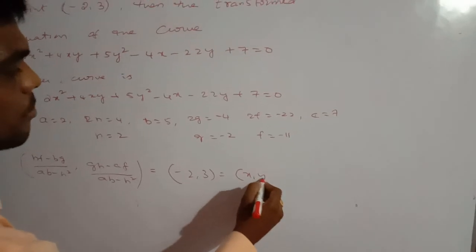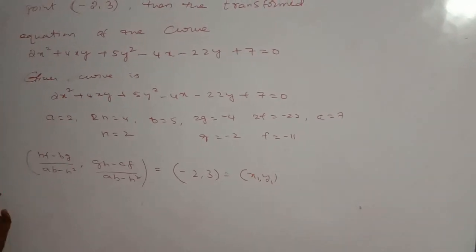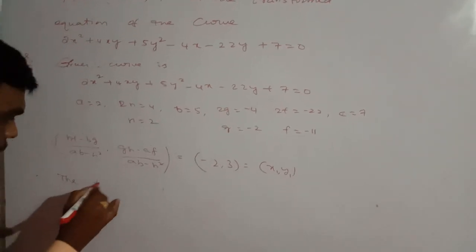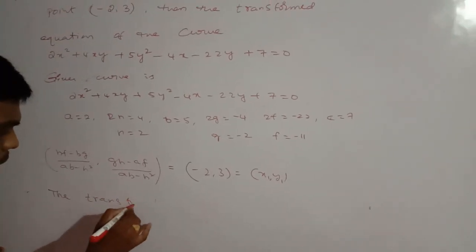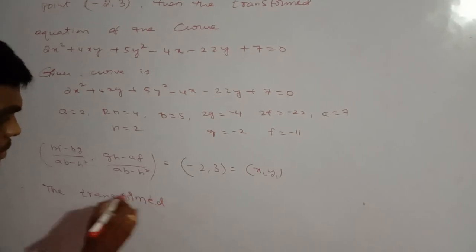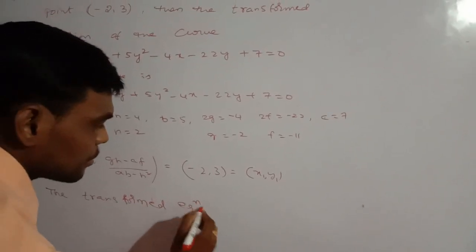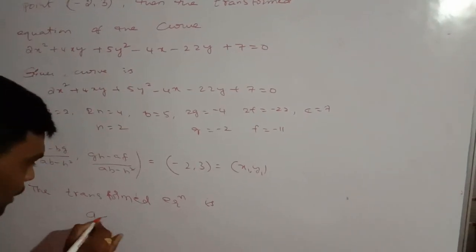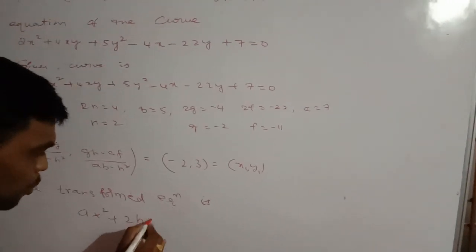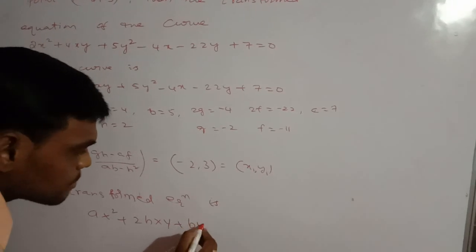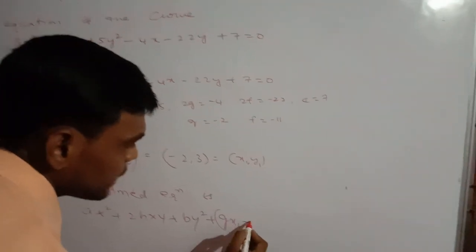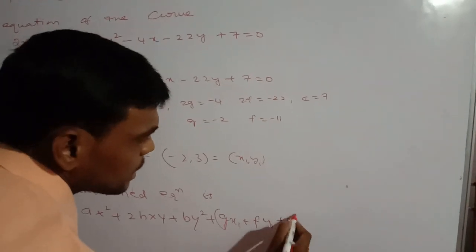This is x1, y1. Therefore the transformed equation of the curve is a capital X square plus 2hXY plus bY square plus 2gx1 plus 2fy1 plus c is equal to 0.